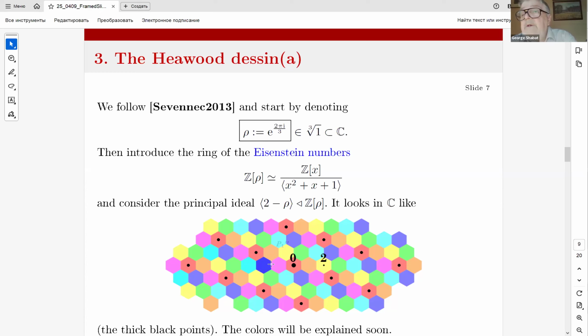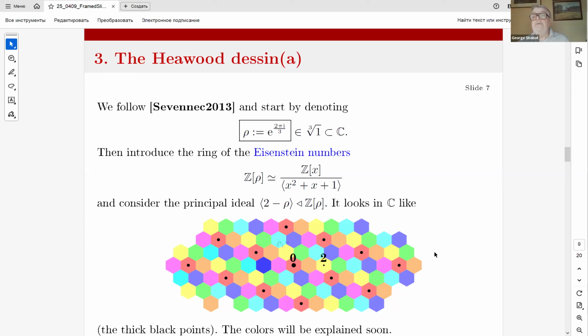So our object is nothing but the study of the factor of the additive group of the complex line, by the group that is drawn here in the rather thick black points with 0, the thickest one, and 2, the small one, that just scales our picture.